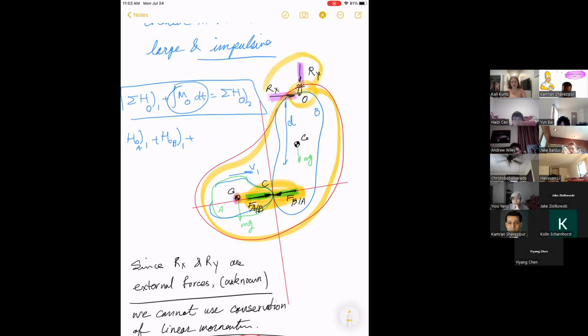Now let's ask this question. Do these two forces, Rx and Ry, create any moment about O? Yes. How much is it? Well, it'd be Rx times the distance from O. How much is the distance of Rx from O?